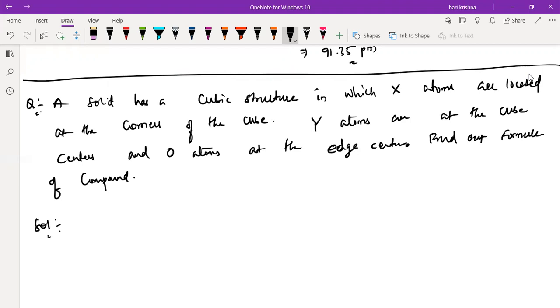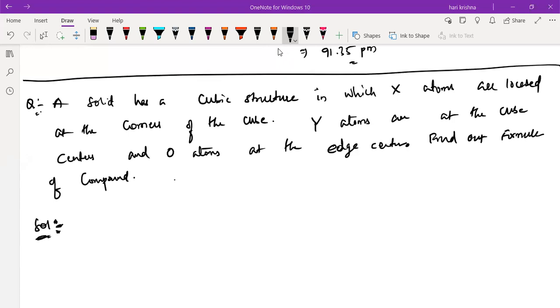What is the answer? Anybody got the answer? Give me some reply first.